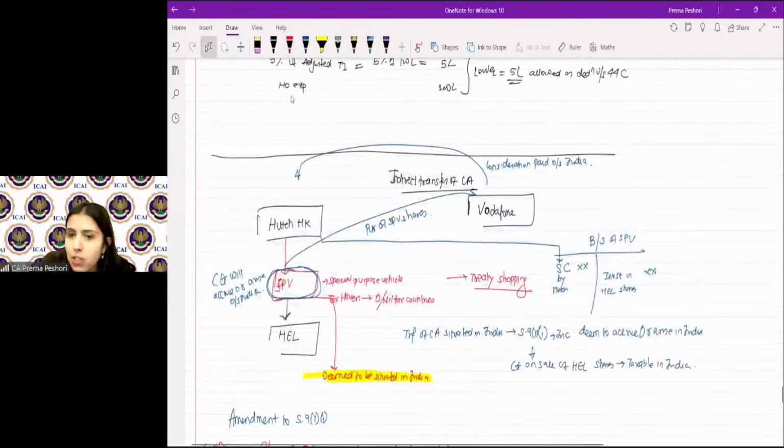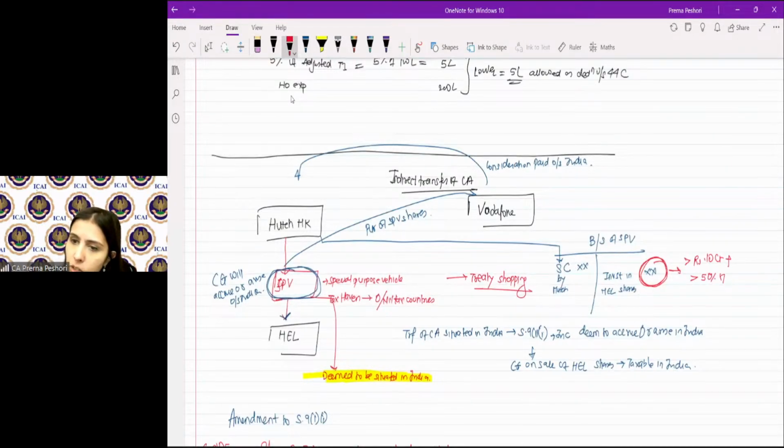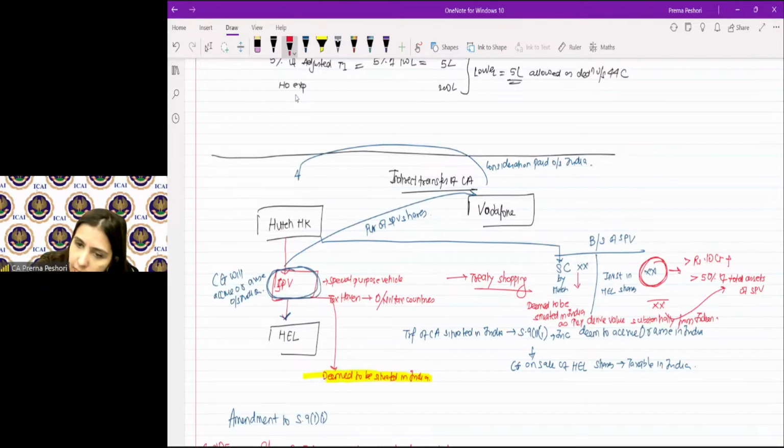So basically, if you look at this balance sheet, if this value of Indian assets is greater than rupees 10 crores plus is greater than 50% of total assets of the SPV, then in that case, this particular SPV's shares will be deemed to be situated in India as they derive value substantially from Indian assets.